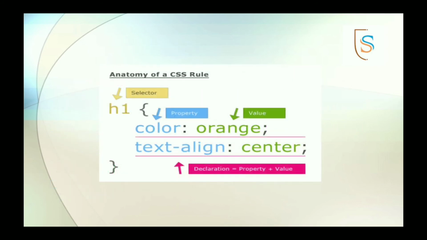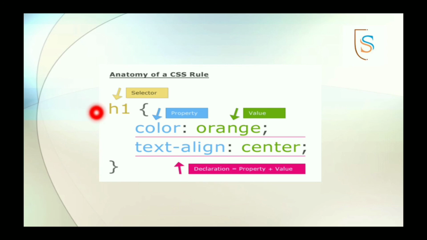Let's see this with the help of an example. Here we have defined the properties for the h1 tag. Here is the h1 tag, curly bracket, then the first property color is equal to orange, and the second property text-align as center. So we have defined two properties on this particular tag. Here h1 is the selector, the tag name on which you are going to apply the properties.